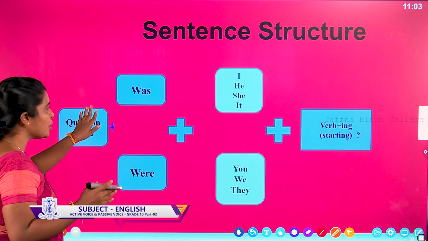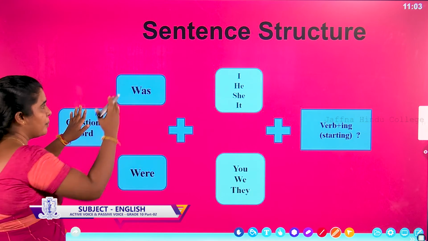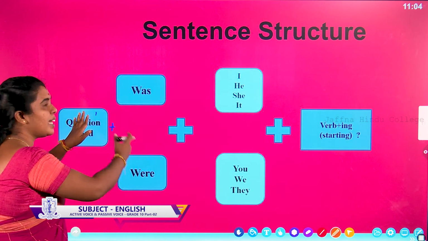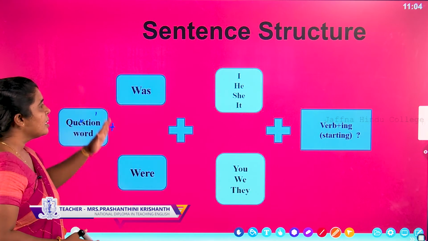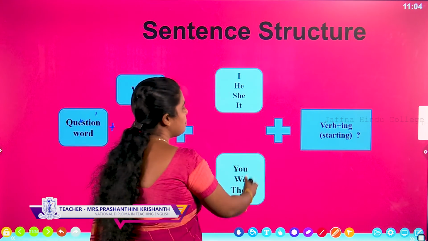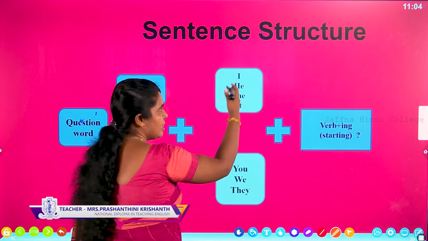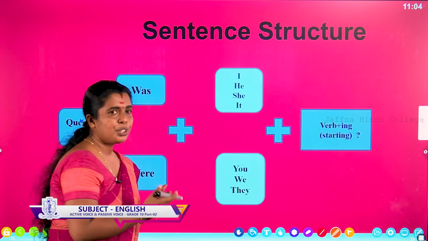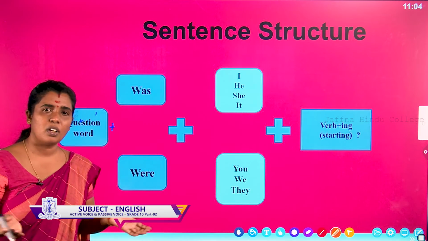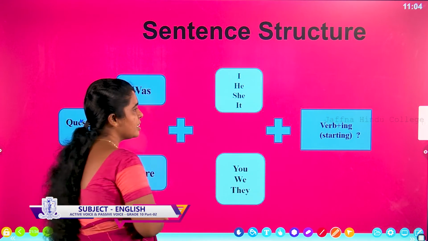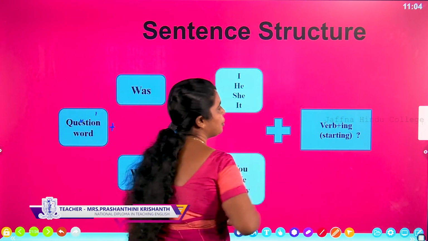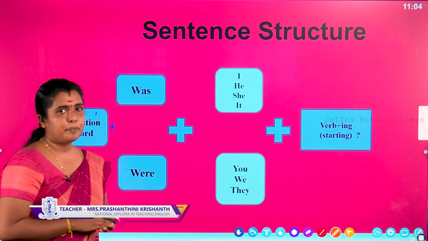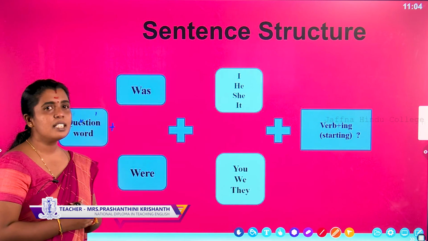If there is no question word, no problem, right? First, we have to use the helping verb, right? Next, the suitable subject, right? It can be I, he, she, it, you, we or they, right? Finally, we have to use the verb, right? Main verb of the sentence.